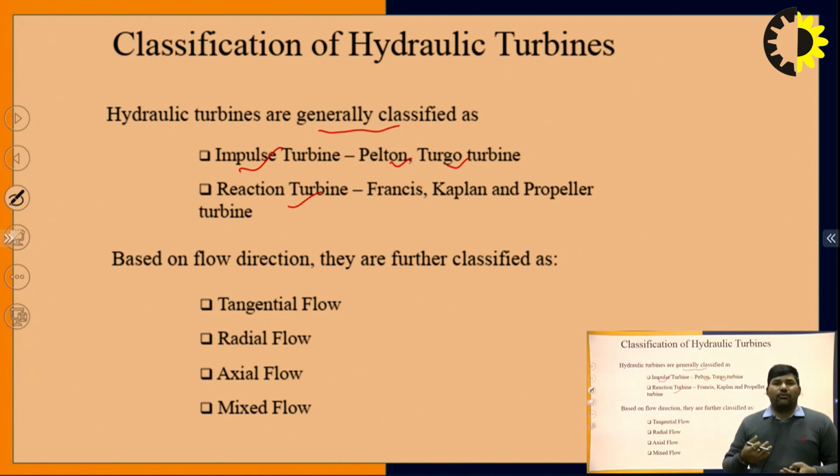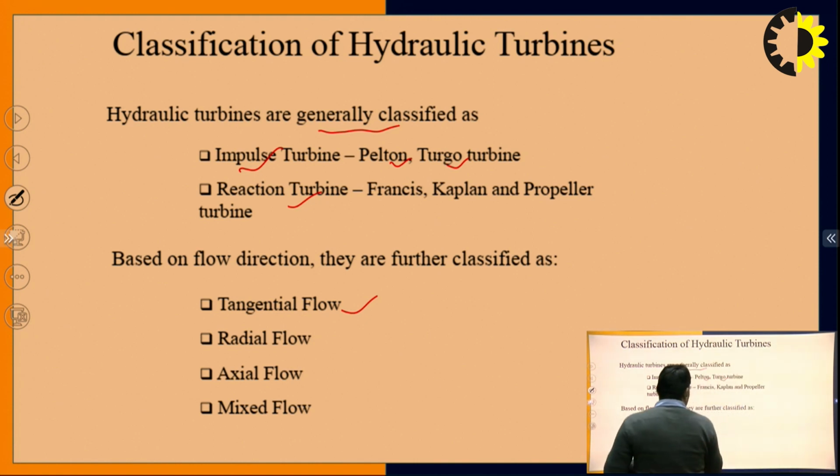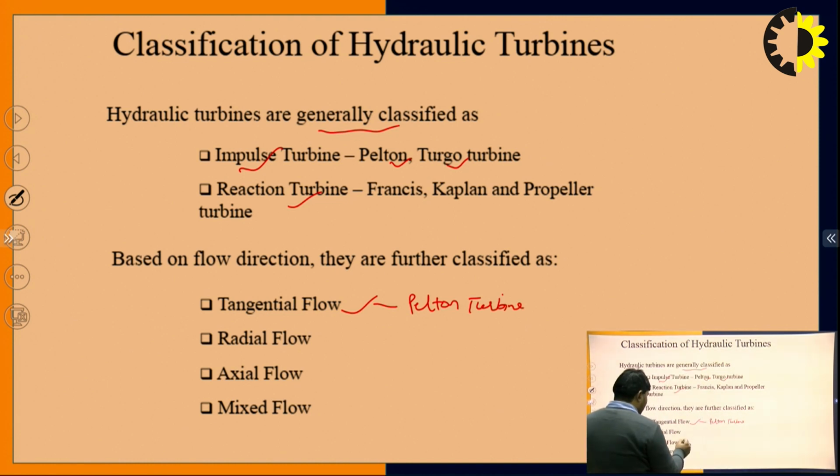According to the direction of flow, the turbine is classified as a tangential flow turbine, and this is called the Pelton turbine. The radial turbine is basically the Francis turbine.